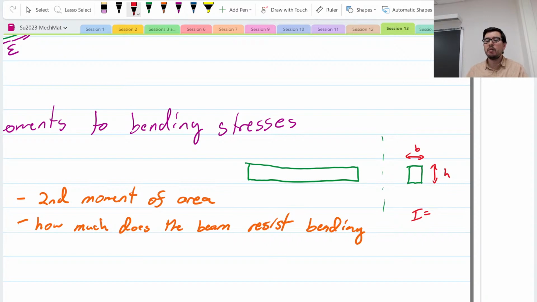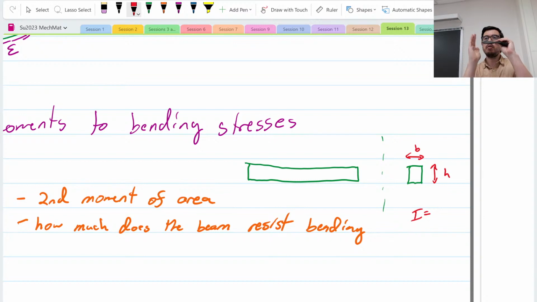Okay, what do you think? If you want to build something that resists bending, right now what you see is, if I'm looking at a profile, I have my option to change what we'll call B, the width or the base of the beam, or the height or the thickness of the beam. Which one is going to help you resist bending more?